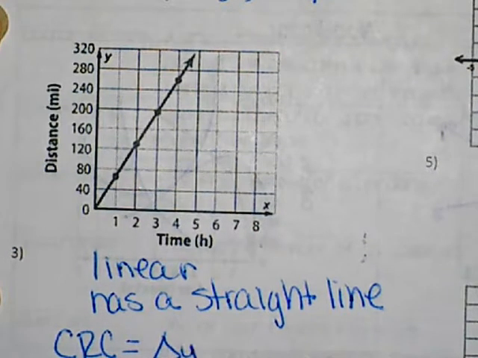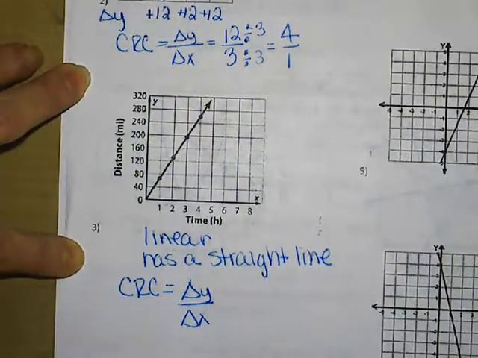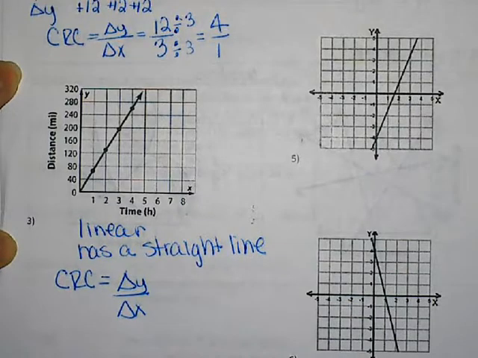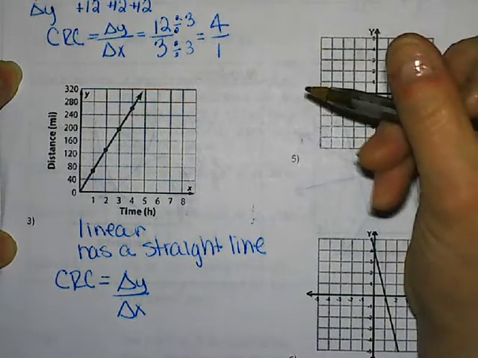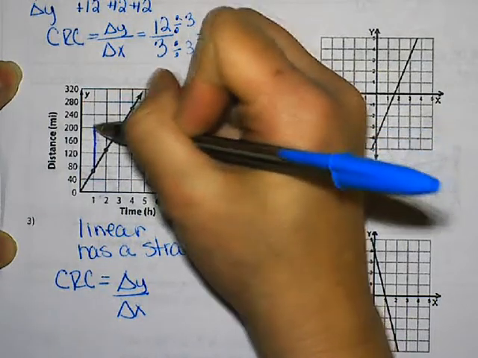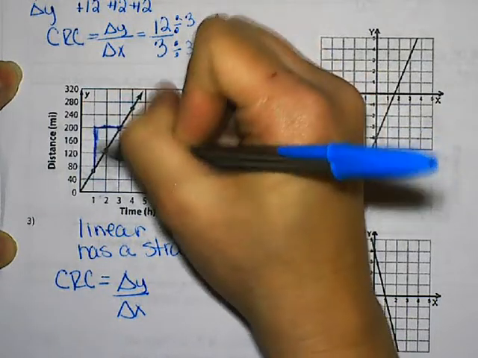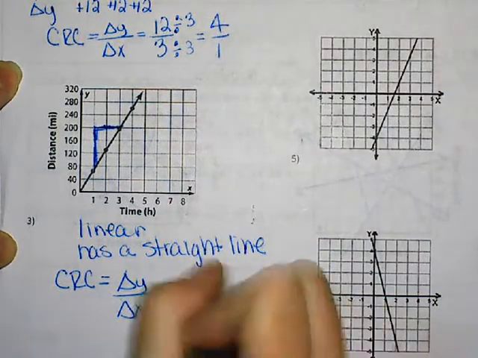We need to find the change in y over the change in x. To find the change in y and the change in x, we are going to create a triangle above the line.